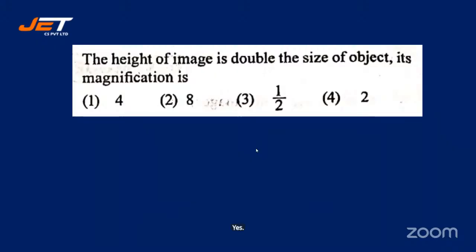Yes, Gopichan, you can text me again. We'll do it. But I hope you have understood all that you have done till now. All right, good. Okay, look at this. So what's the magnification? The height of the image is double the size of the object. What's the formula for magnification, students? hi by ho.